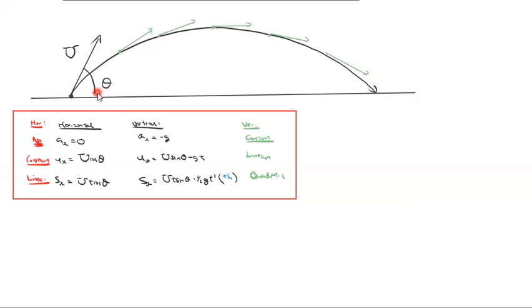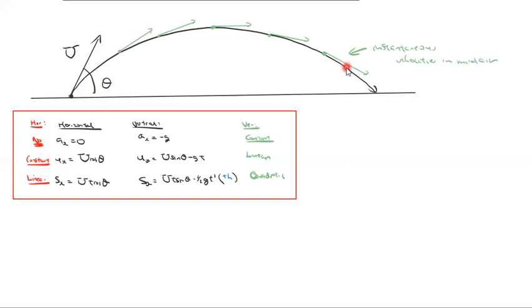So hopefully that's not giving you too much of a problem. This is a diagrammatic representation of instantaneous velocities in midair, and you can quite clearly see that the direction is changing.